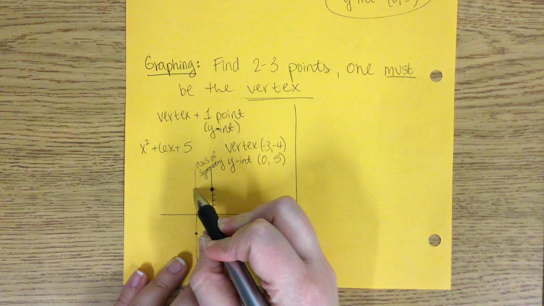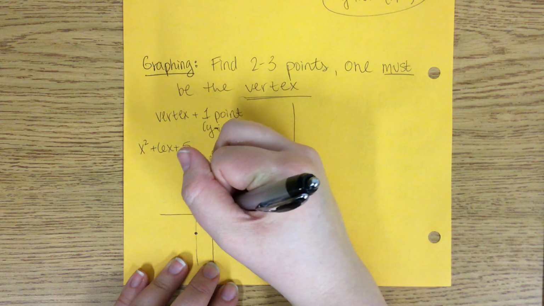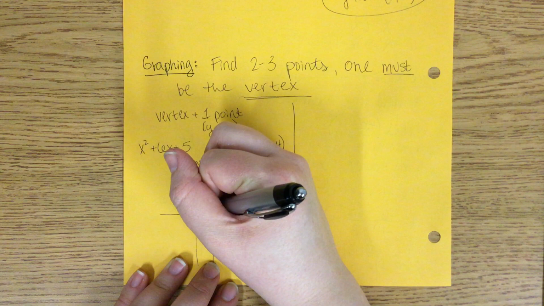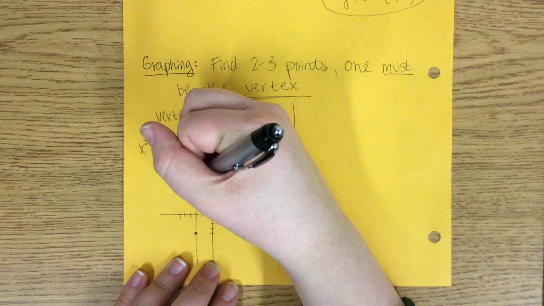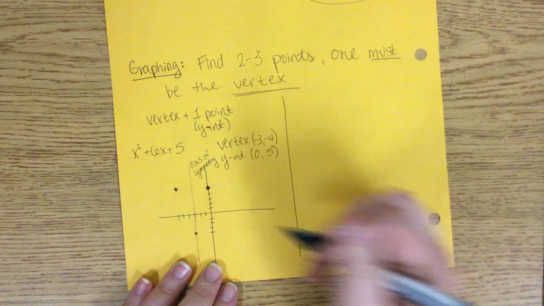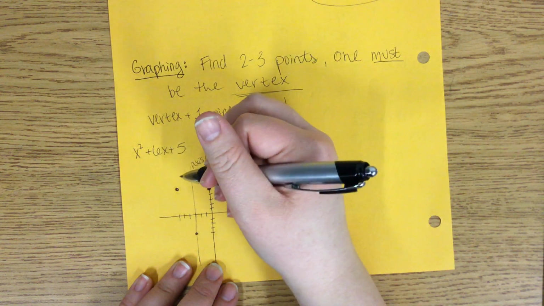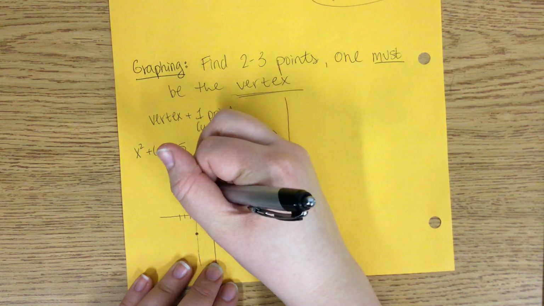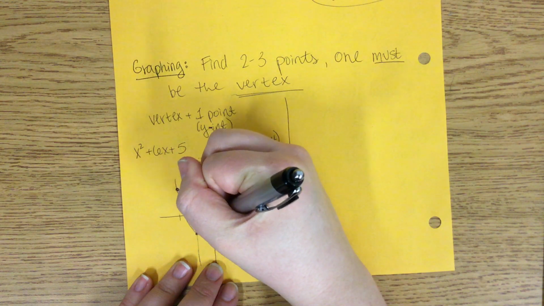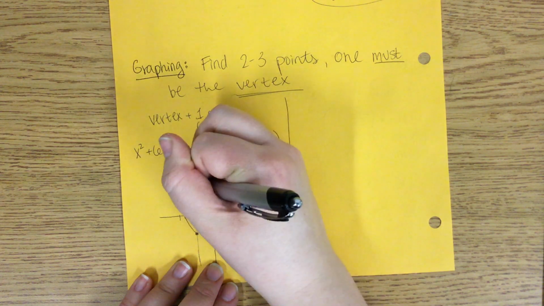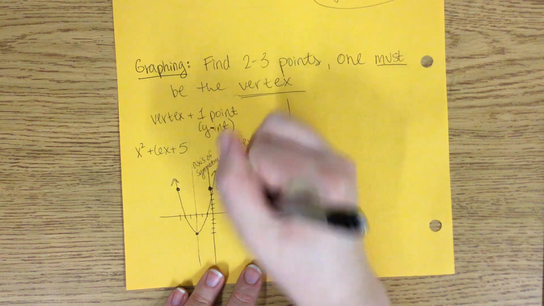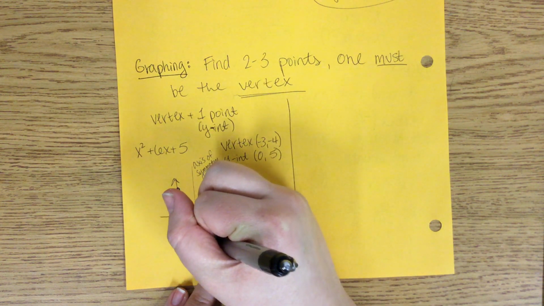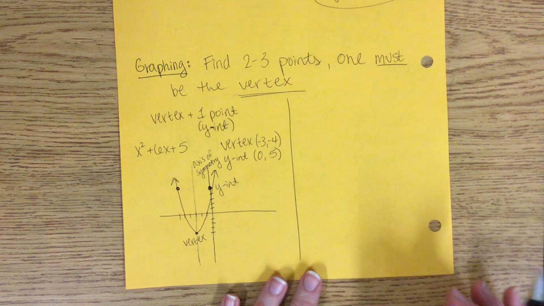So right now it's 3 spaces away from this line. So on this side it should be 3 spaces away. There should be an exact point across from it. And now, because I have that, I can draw in my curve. So this was my y-intercept, this was my vertex. I was able to draw my curve.